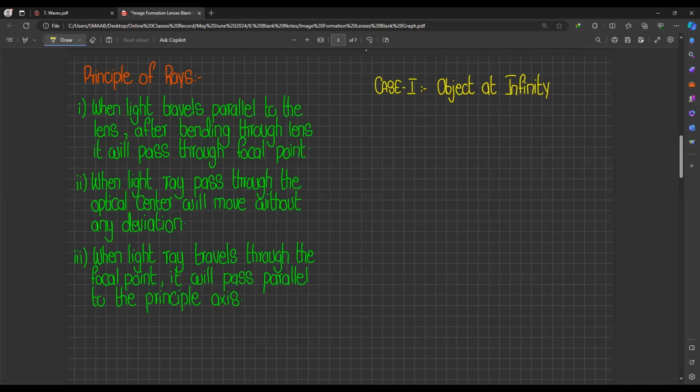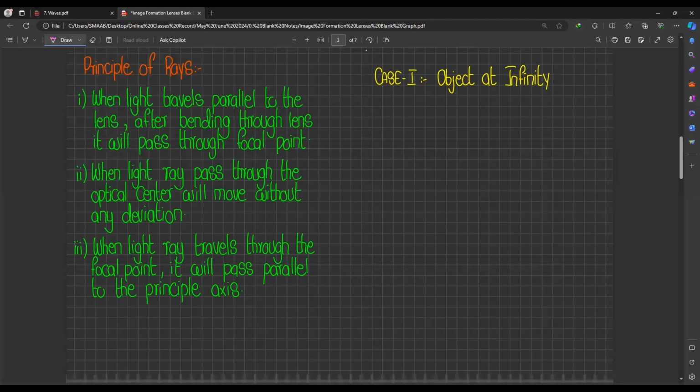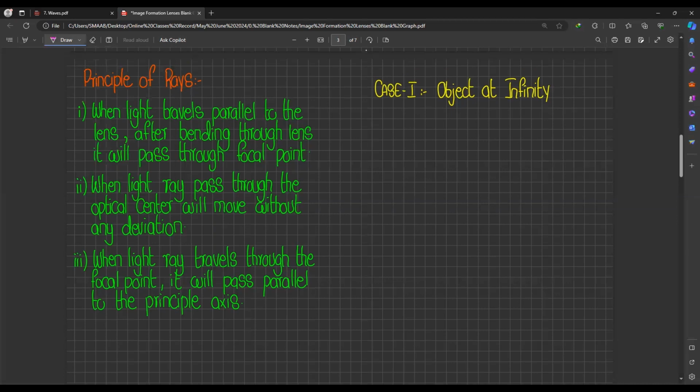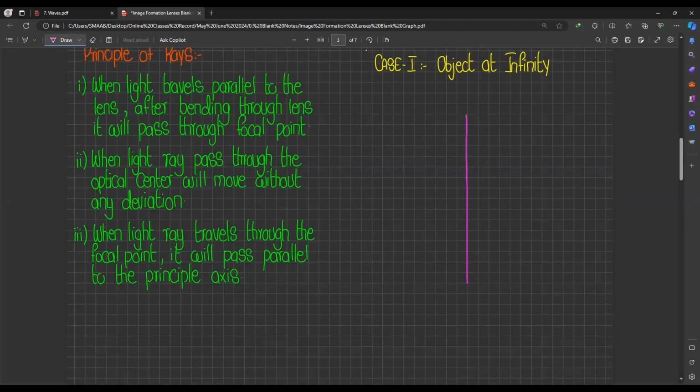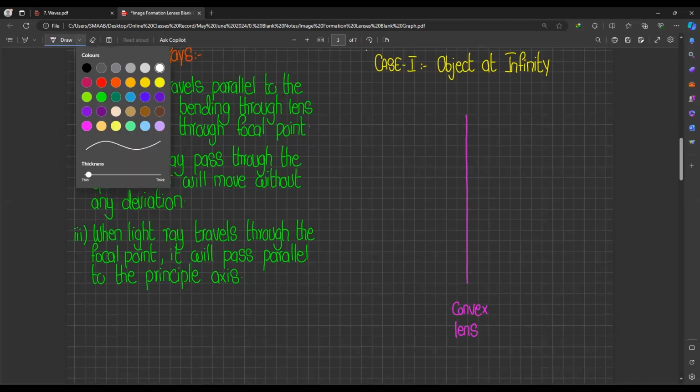So let's suppose again we consider a straight line for our lens. But always remember, we are talking about convex lens only. There is no concave lens case. So this is our convex lens. And for convex lens, we have to make principal axis.